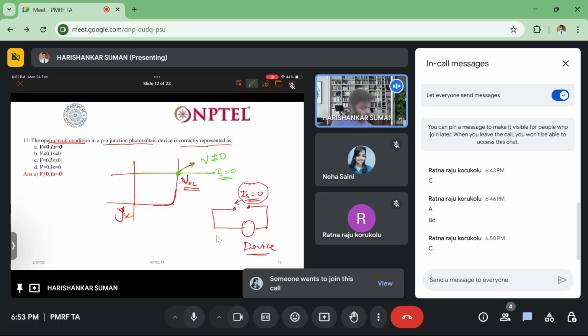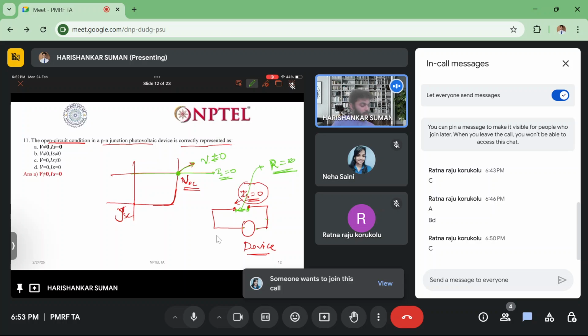If we measure via voltmeter, then voltage will not be 0. But current is 0 because resistance is infinite. Let's say R is infinite for open circuit.